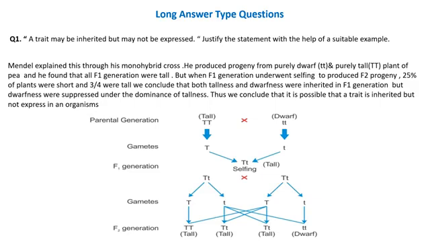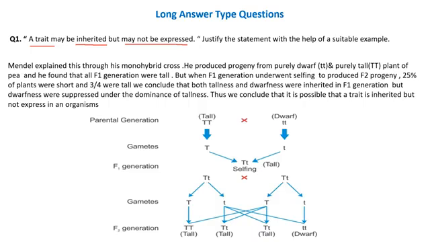Coming to the long type question, a trait may be inherited but may not be expressed. Which is a trait which is inherited but cannot be expressed? Till now we have seen there are many traits.